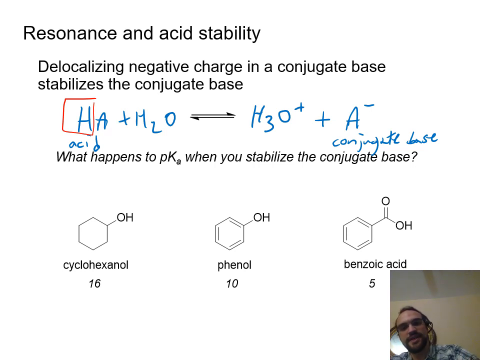This expression itself is the equilibrium expression for Ka, the acid dissociation constant. So if we're able to stabilize the conjugate base, we're going to lower the energy here. That shifts the equilibrium to the right, to a larger Ka value, which means a smaller pKa.